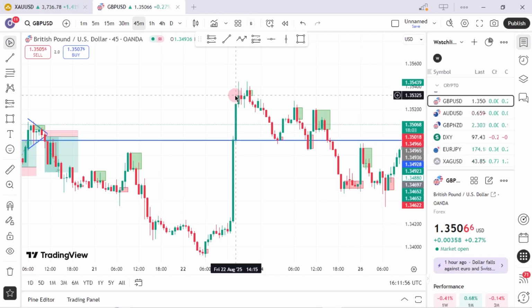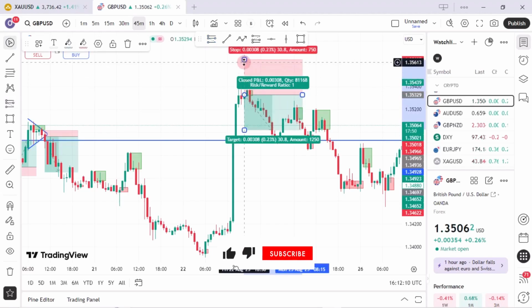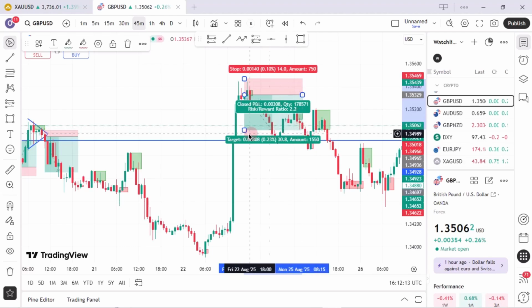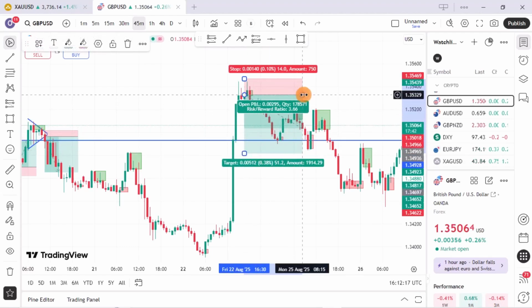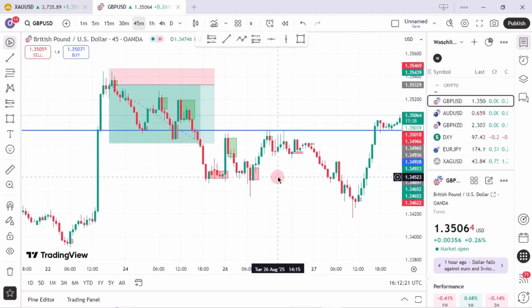Once it ends here, you come here, put your entry, you go a short entry here, because this is the sign showing reversal. Then you put your stop loss above the high you are having here, right? And your TP, this one is a very long one, so I'll choose this place to be my TP, and let's see if it will hit my TP. Of course, it always hits our TP, so always back to back, we get our TP hit all the time.